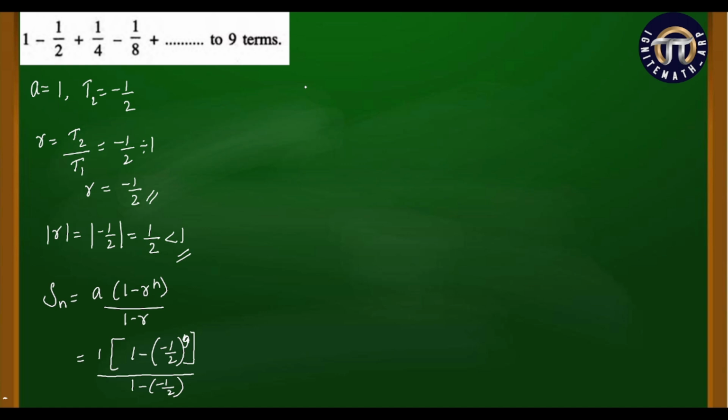So now what can I write? I can write this 1 as A, I can just ignore it. Then I can write 1 minus of minus 1 by 2 to the power of 9. Right? Because the whole to the power of 9, 1 to the power of 9 is 1 itself. So now this is going to be 1 plus 1 by 2 in the denominator, so that is going to be 3 by 2.